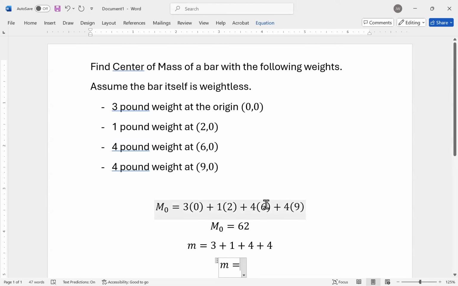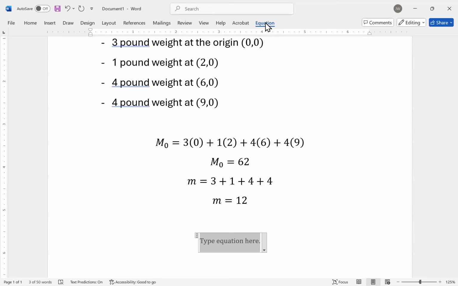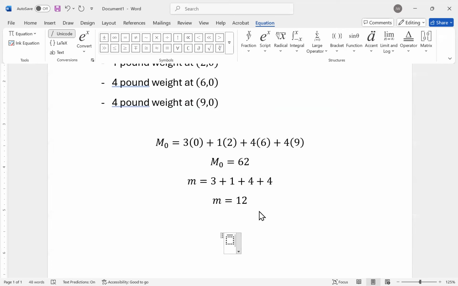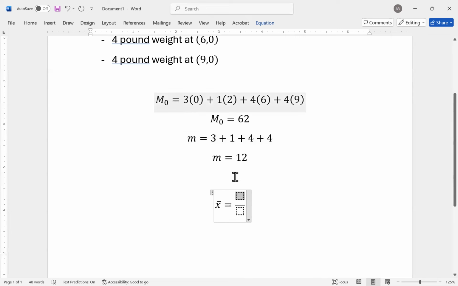So the mass is going to be 12. This means that if I want to find the actual value where the center of mass is, what we call x bar, I would simply take the moment about the origin, 62, and divide that by 12. 62 divided by 12 is about 5 1/6.